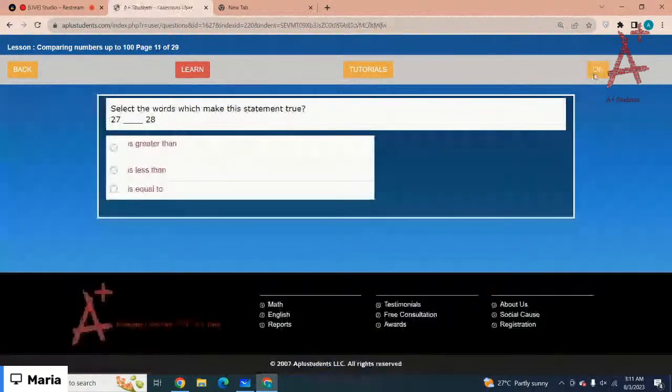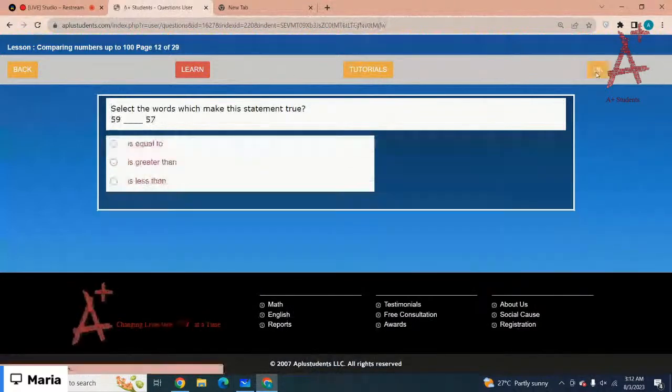Select the words which make the statement true. 27 and 28. Which is the correct option? 27 is less than 28. Select the words which make the statement true. Which is the correct option?